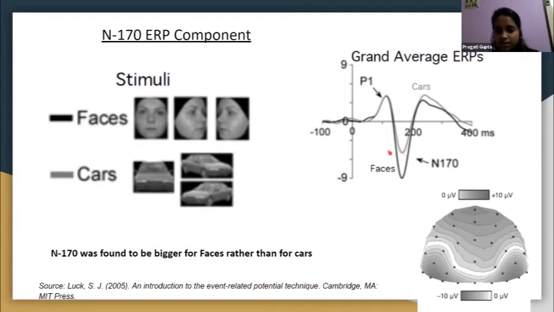In the faces, there is a negative polarity at around 170 milliseconds, with a greater amplitude. This means a greater amount of resources and faster processing is devoted to faces than to cars. So this is the N170 ERP component.